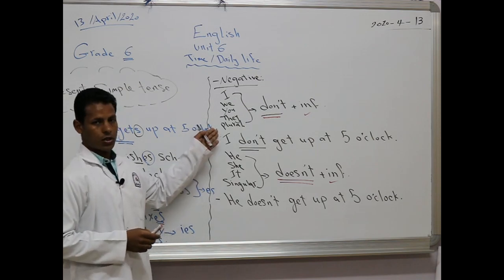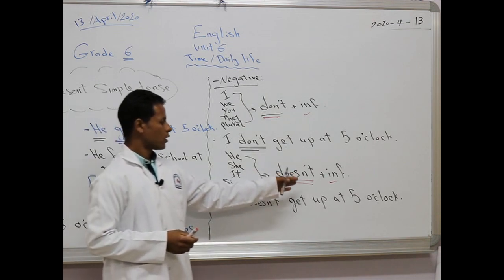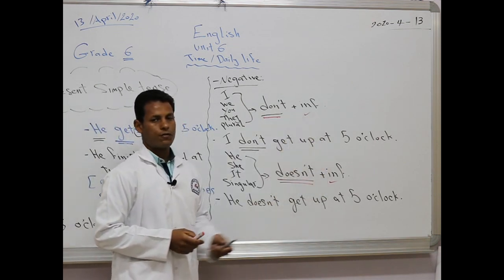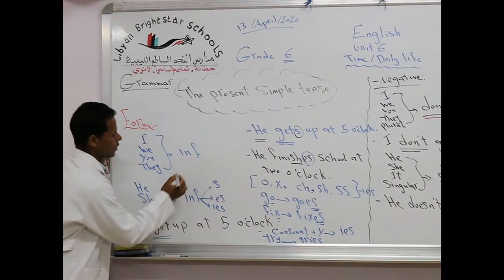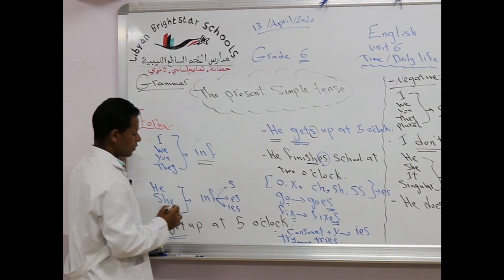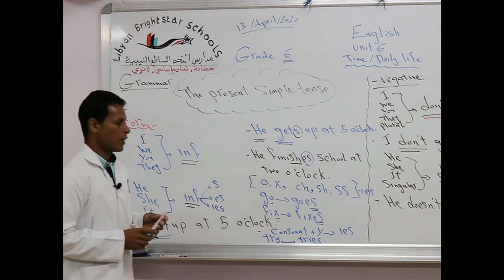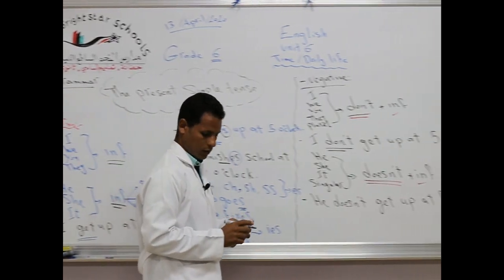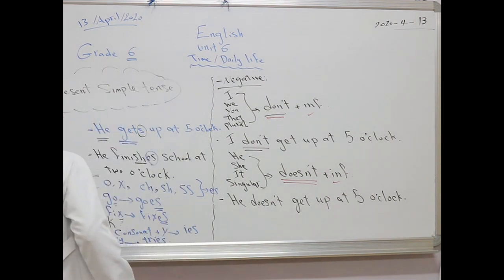If the subject is plural or singular, we use the infinitive of the verb, but in the affirmative sentence we use the infinitive with the plural, and the infinitive with the letter s with the singular subject. And now we will study how to make a question.